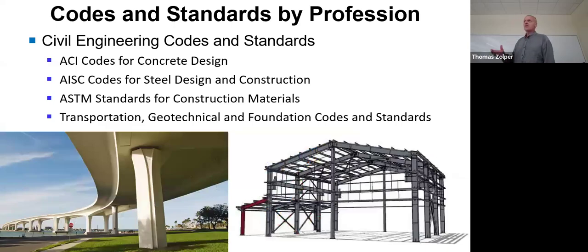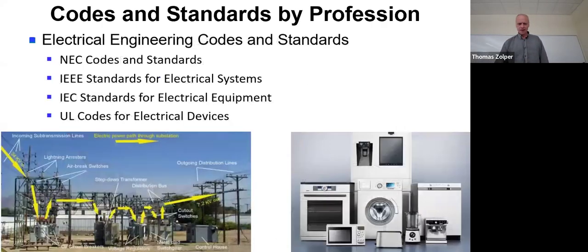Likewise, any civils in the room? I don't really know the mix of this, but civil engineering obviously has highways, bridges, superstructures, steel construction, and steel buildings in the United States. These have to be certified or at least built to the American Concrete Institute codes, American Institute for Steel Construction, and very often American Society for Testing and Materials, to make sure they've dotted their i's, crossed their t's, and put their ducks in a row.